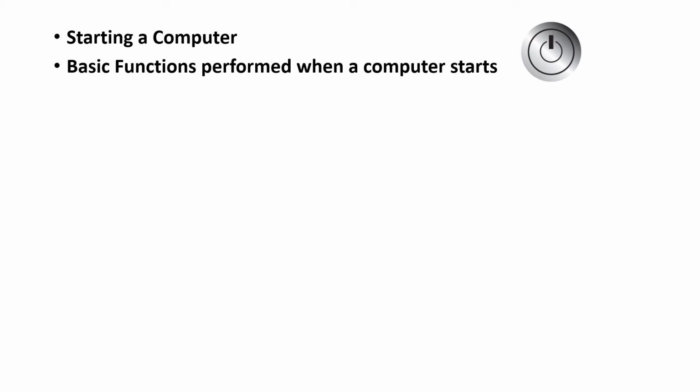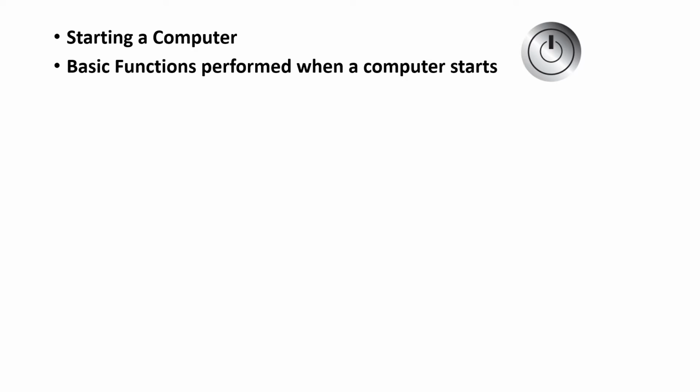Now, the basic functions performed when a computer starts. So what are the basic functions that are performed when a computer starts? Just as we go about our morning routine without anybody telling us what to do, the computer automatically runs a basic program called BIOS, B-I-O-S. And what is the full form of BIOS? Basic Input Output System.